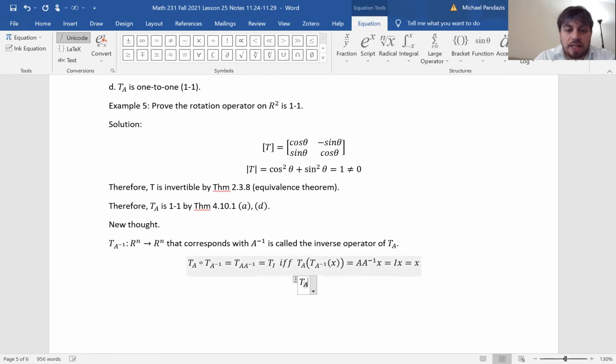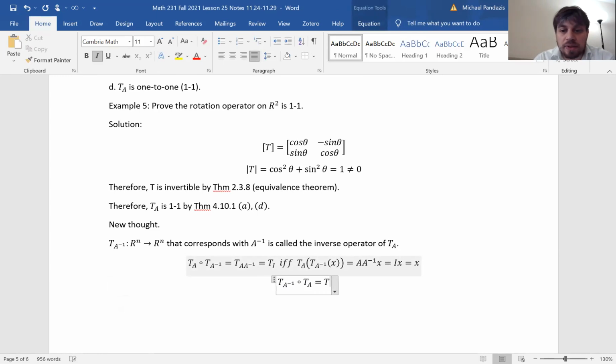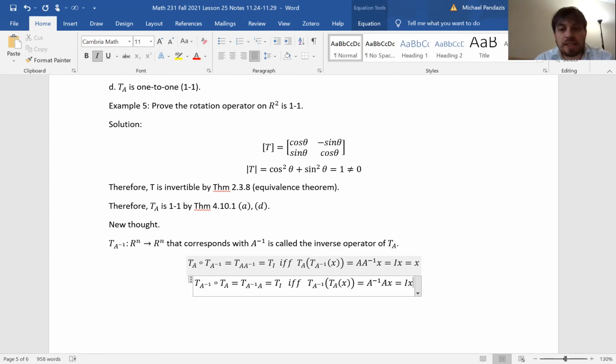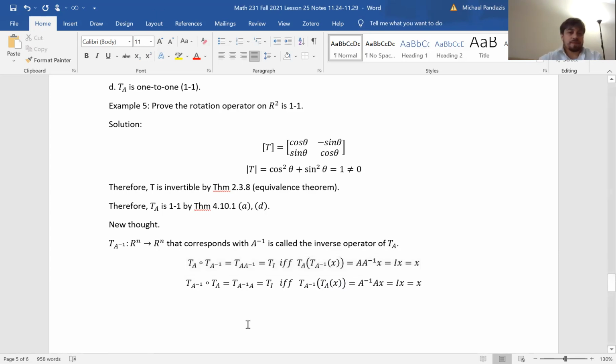So if you have T sub A inverse composed with T sub A, this is equal to T sub A inverse A, equals T sub I, if and only if T sub A inverse of T sub A of X is equal to A inverse A X, which is equal to IX, which is equal to X. So now if you do the composition in the other direction, that also applies.